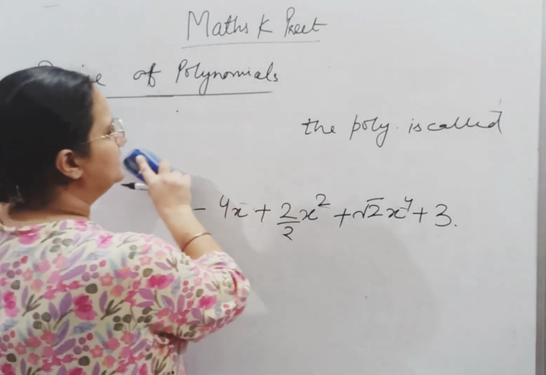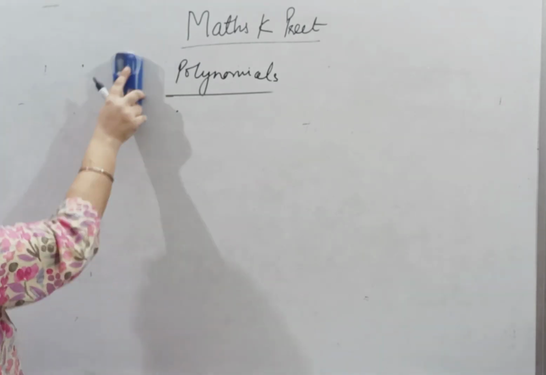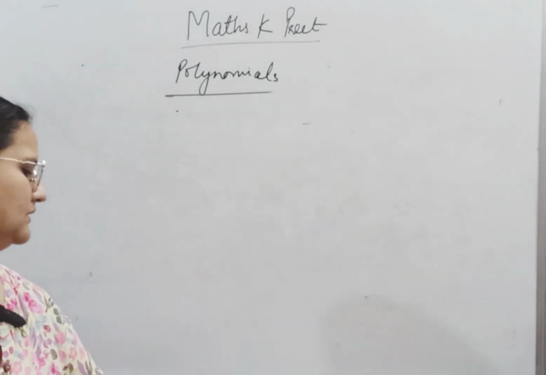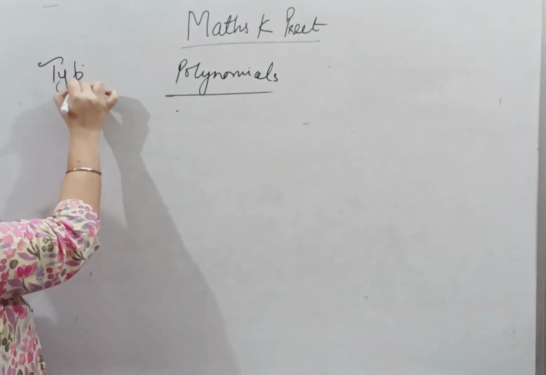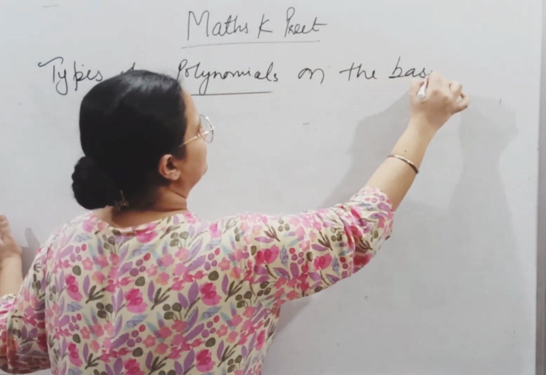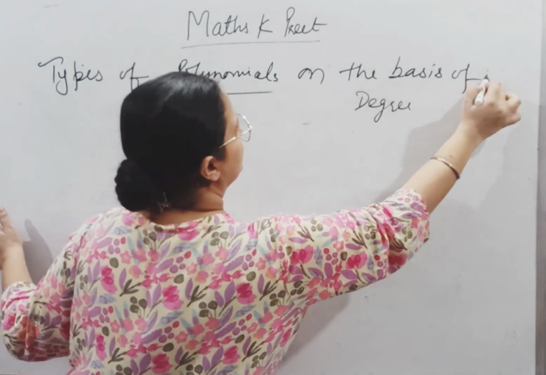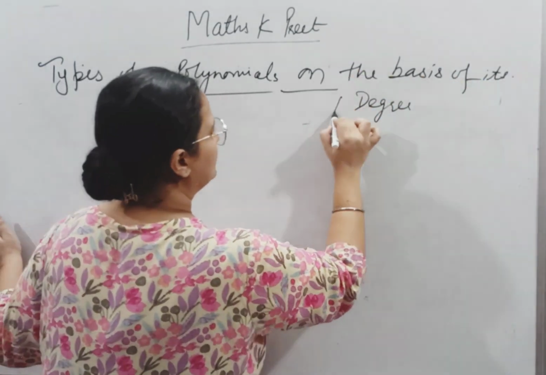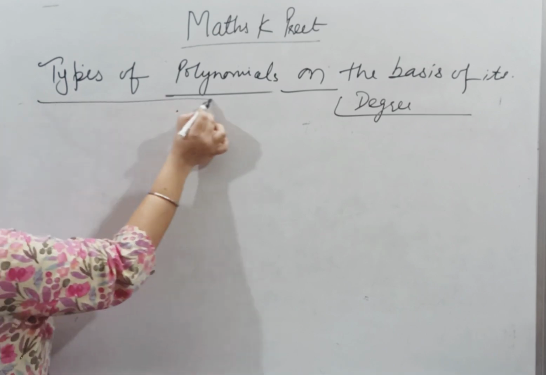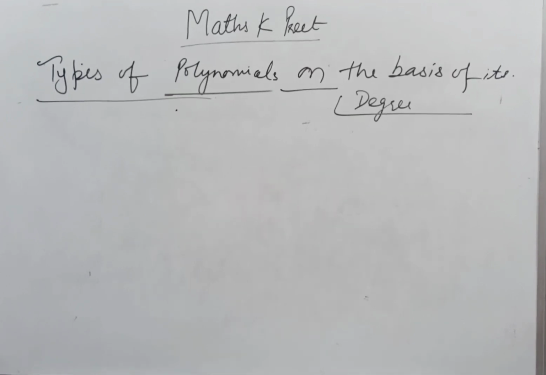Now let's see the types of polynomials on the basis of its degree. Types or names. These are just different names for the different degrees for a polynomial.